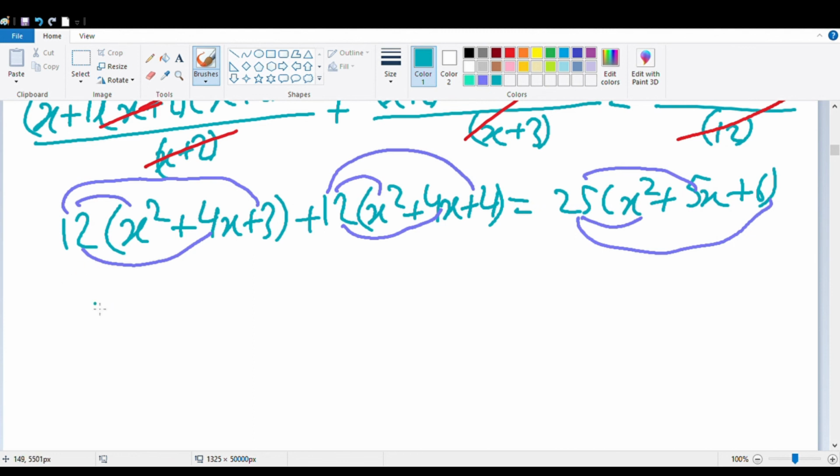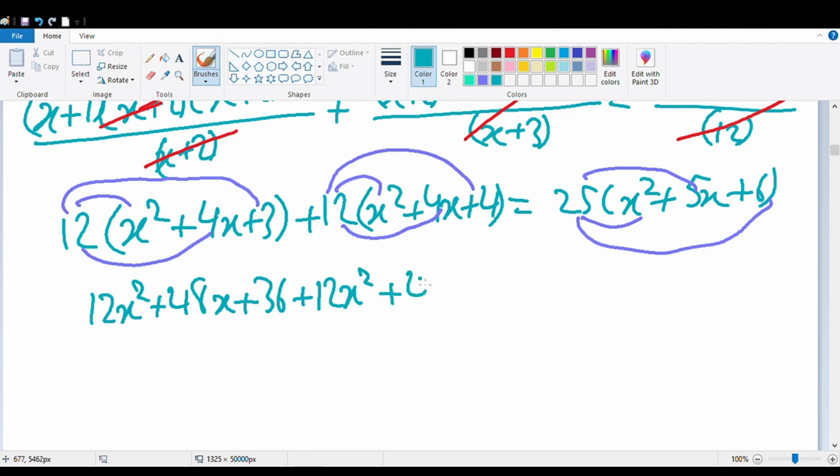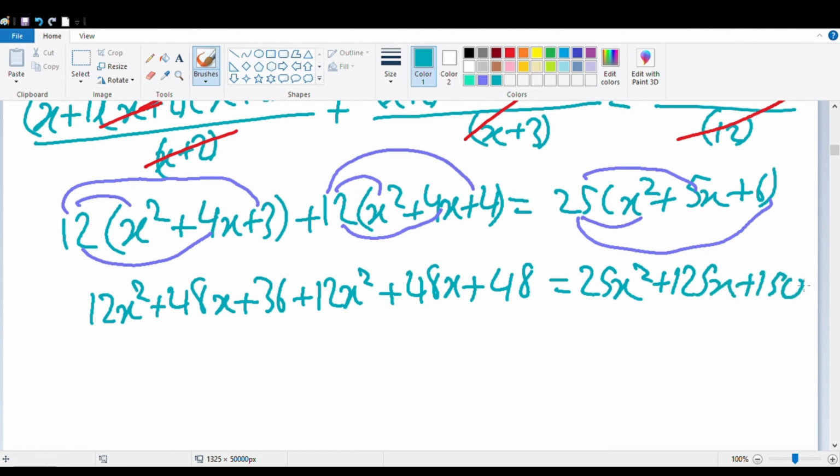So let's write that all down. 12x squared plus 48x plus 36 plus 12x squared plus 48x plus 48 is equal to 25x squared plus 125x plus 150.